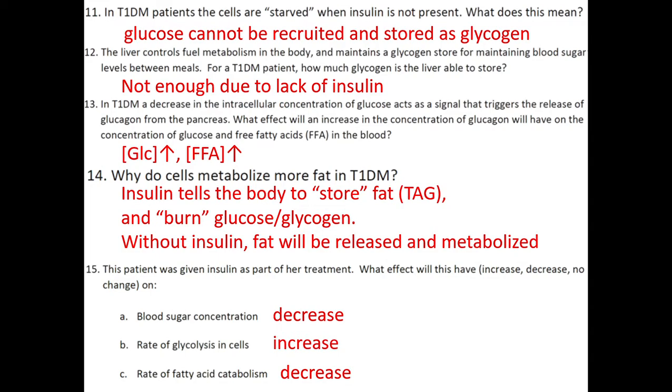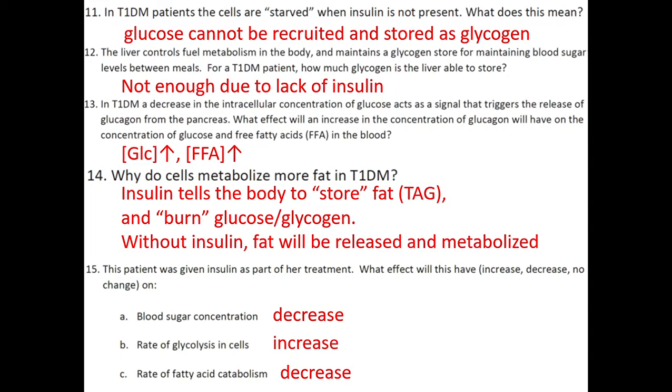Okay, but there is another way that we can generate acetyl-CoA besides glucose, and the other way is from fatty acids. Again, we release fatty acids from TAG, triglycerides, and then fatty acids will become fatty acyl-CoA, and this is called beta oxidation. And then it will become acetyl-CoA, and then go into the TCA cycle to generate energy.